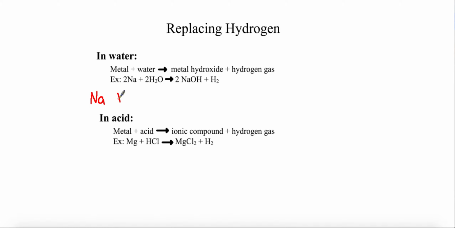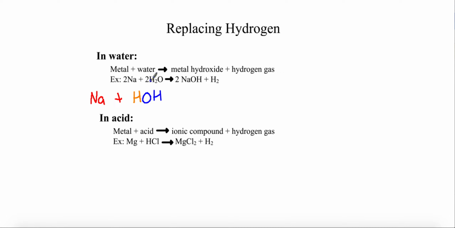So we're going to have sodium, and when it reacts with water, we're going to rewrite water in its acid-base form. So instead of having H2O, we're actually going to rewrite water as HOH, which is still H2O, except in this form, we are acknowledging an acidic hydrogen and a basic hydroxide group.